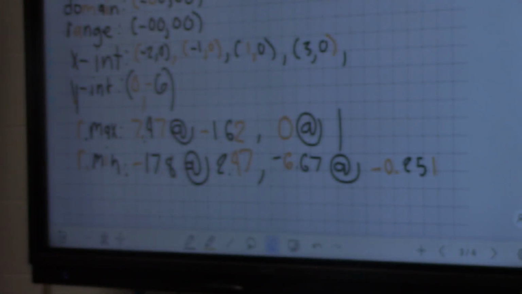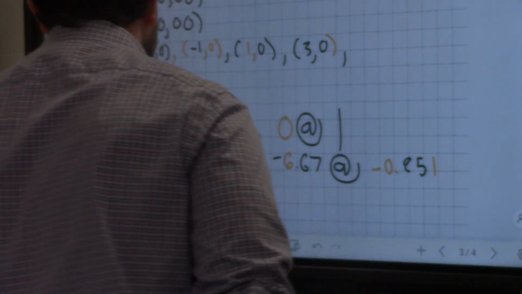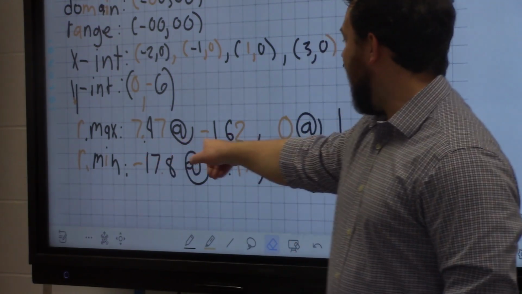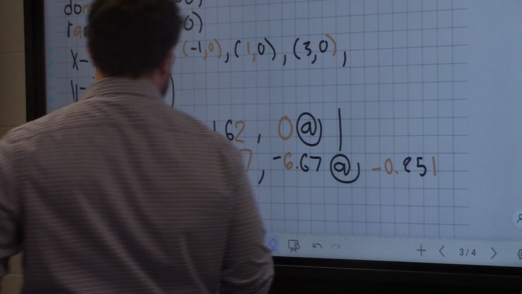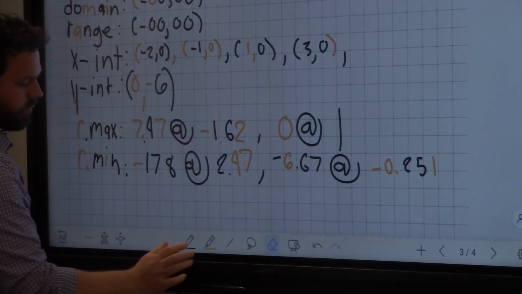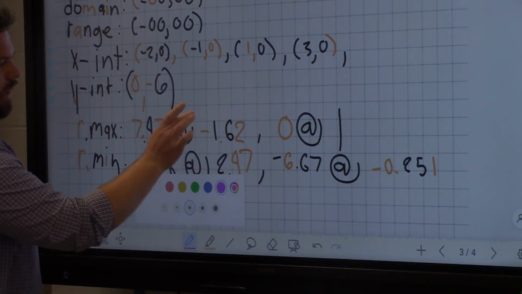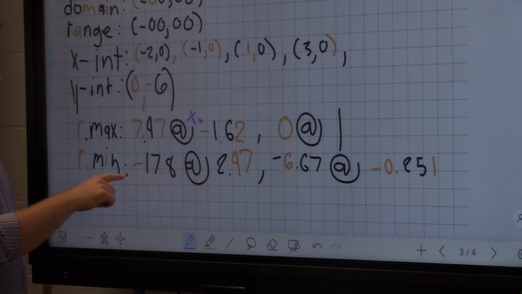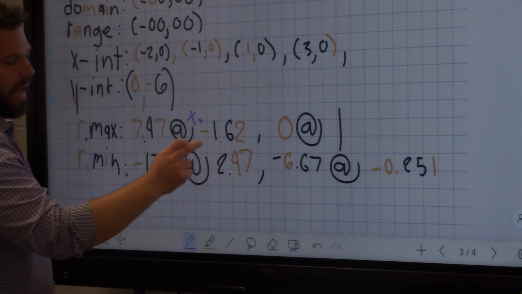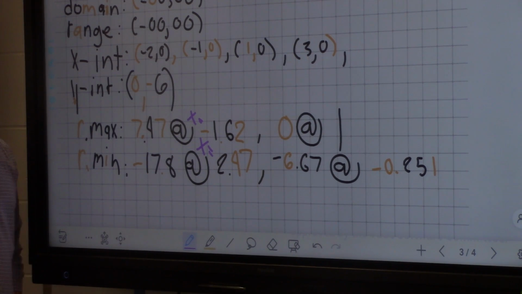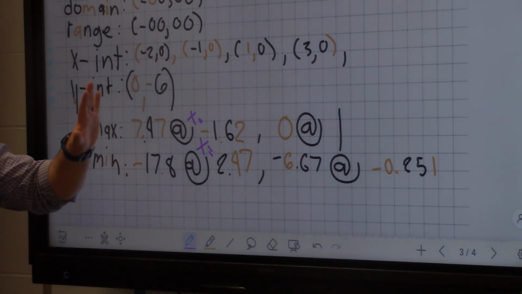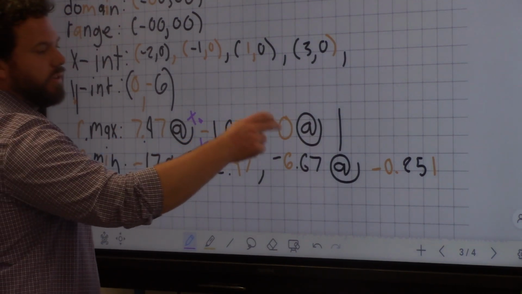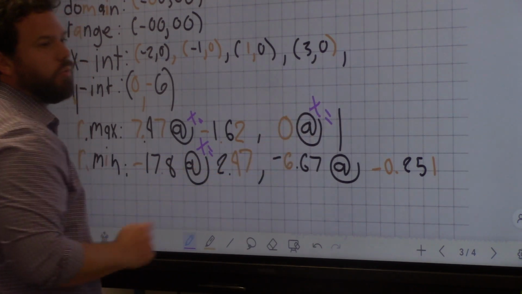When we say a relative maximum, what it really is is the value, the output, at x equals negative 1.62. The minimum is negative 17.8 at x equals 2.47. That's the most accurate way to say this. Relative maximum of 0 at x equals 1.